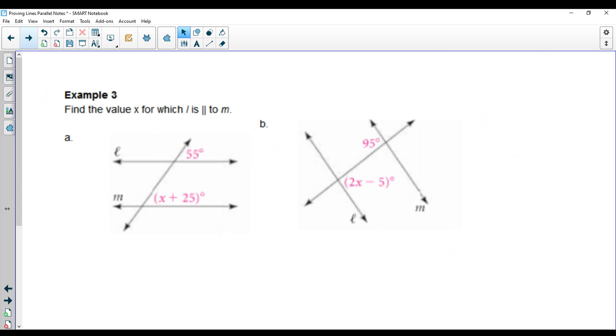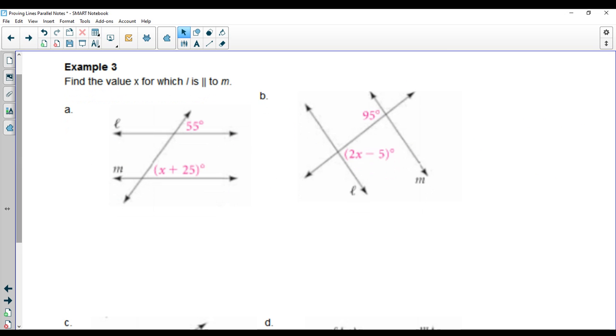Now, this looks a little bit like what you did the other day. You had some algebra. The work is still the same. The work hasn't changed, but the questioning is different. So on Monday and Tuesday, you were told that, hey, you already know these are parallel. We want you to just solve for x. Okay?